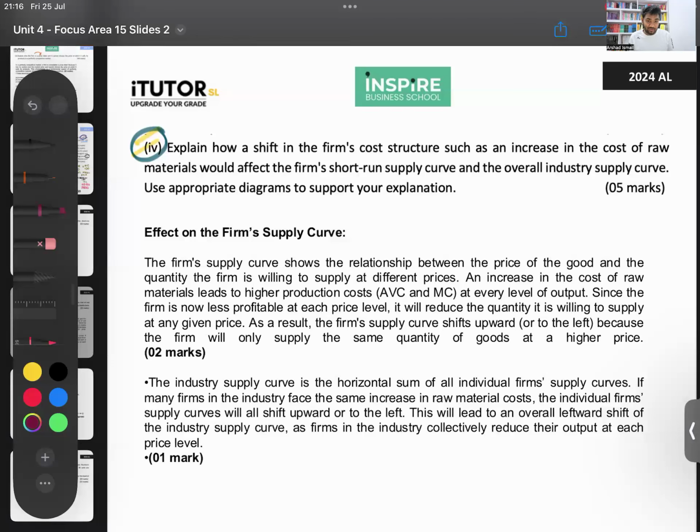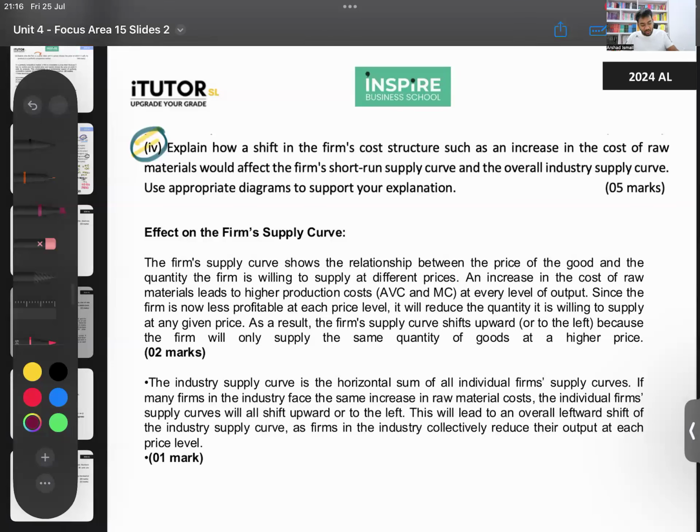Now, this question I would feel is the best question out of all the questions that we have seen. They connected unit 4 supply with unit number 2. I told you there's nothing that they can ask anymore, so this is what they did.